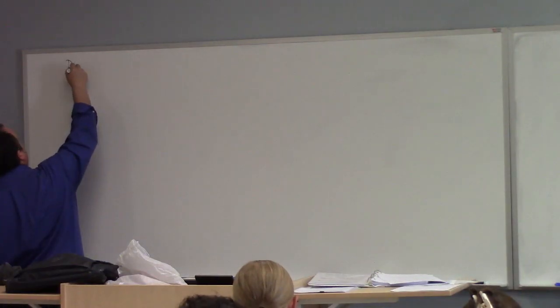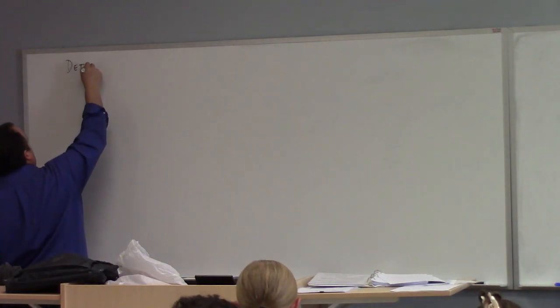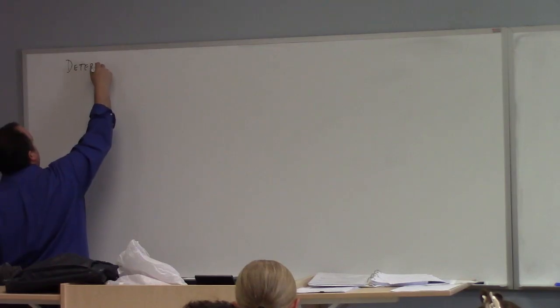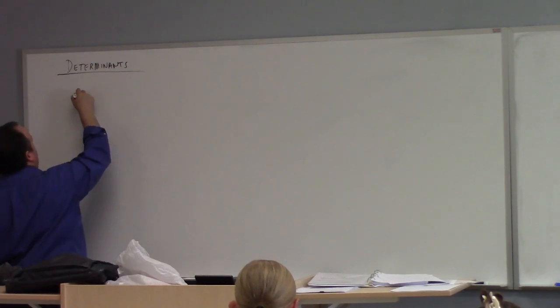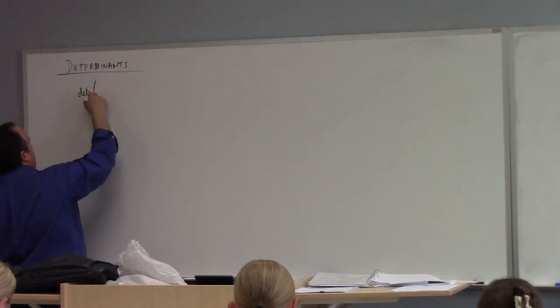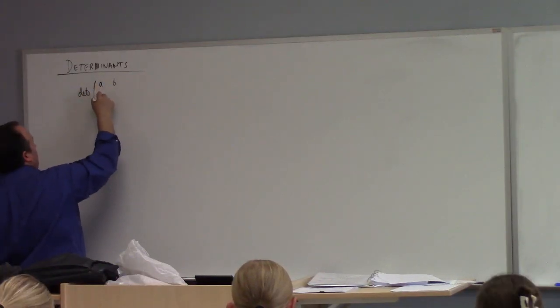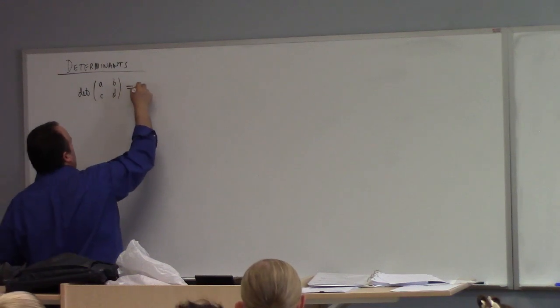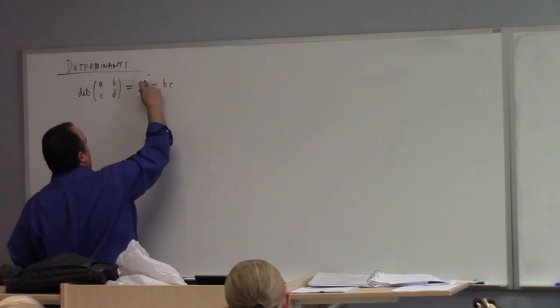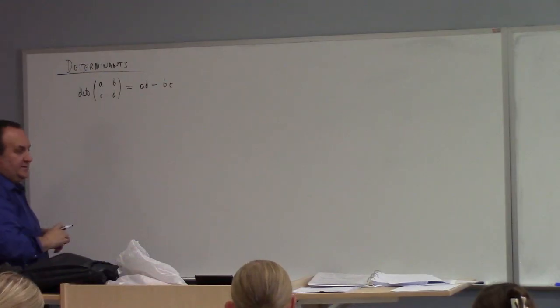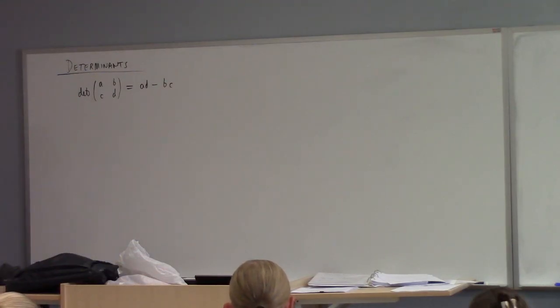But of course we need to define it. So to start with, the determinant of A, B, C, D is defined to be AD minus BC, right? This is the definition of the 2x2 determinant.